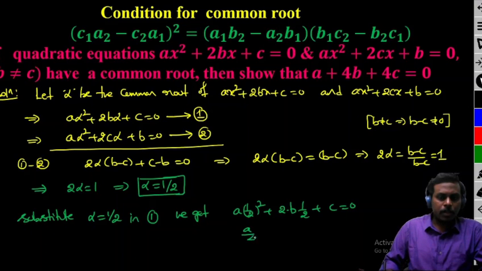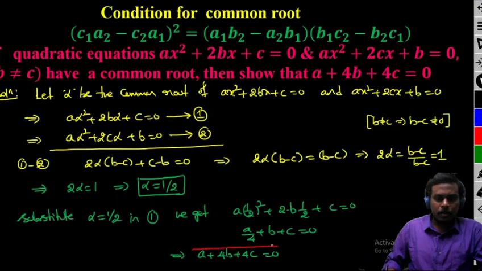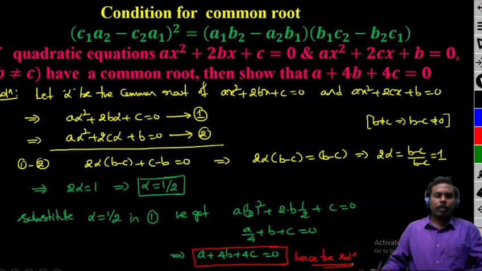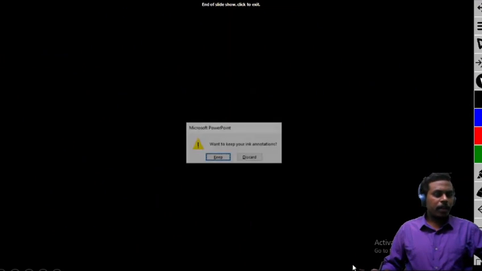So that is a by 4 plus b plus c is equal to 0. So this implies a plus 4b plus 4c is equal to 0. Hence the solution. Now let us move on to the next question.